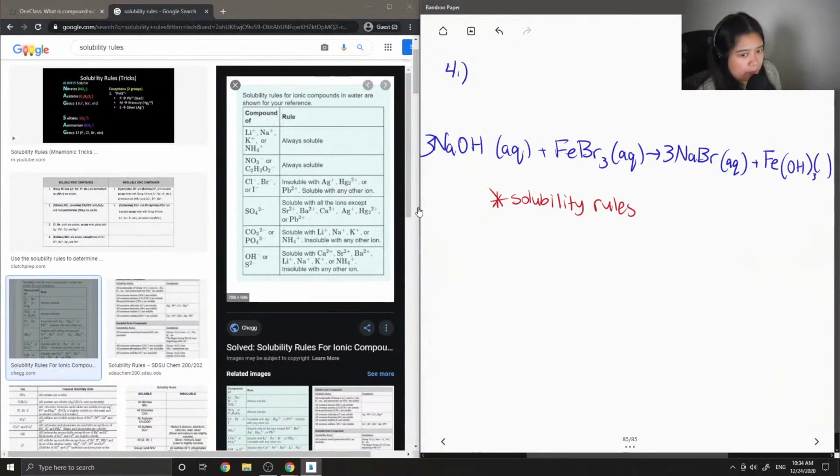So we're mainly looking at the OH ion. So it says OH minus is soluble with calcium, strontium, barium, lithium, sodium, potassium, and ammonium, and it is insoluble with any other ion. So since we have iron, then we know that this will not be soluble, so it will precipitate and be a solid.